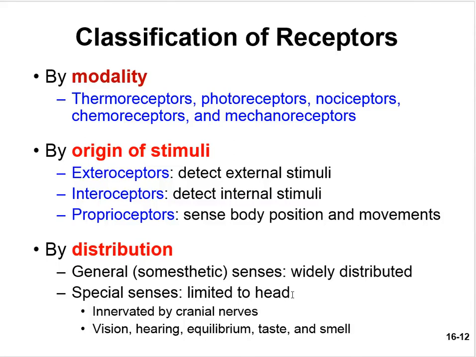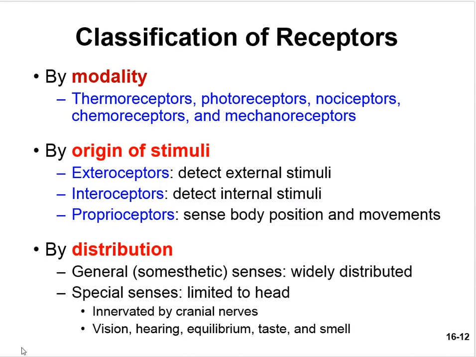Interoreceptors detect stimuli in the internal organs, so internal stimuli. These are places like in the stomach and in the intestine. And then proprioceptors sense body position and movements. These occur in muscles and tendons and joint capsules.